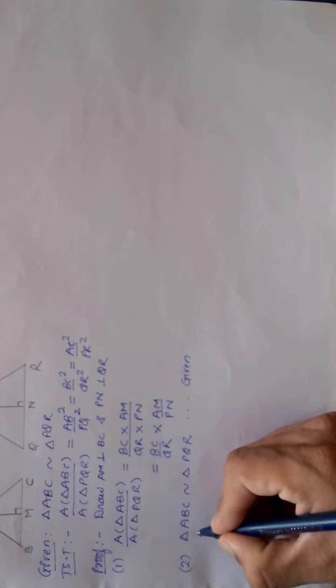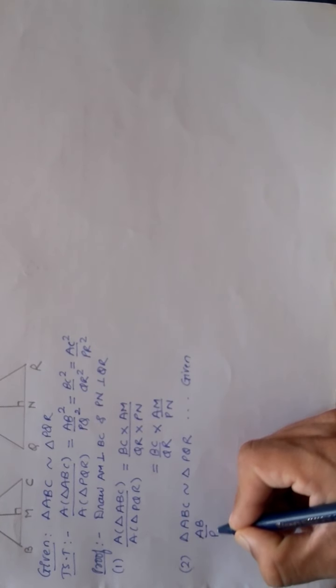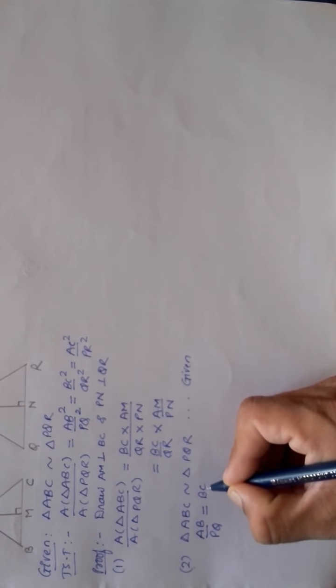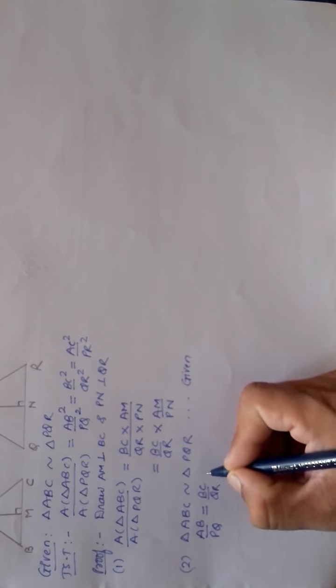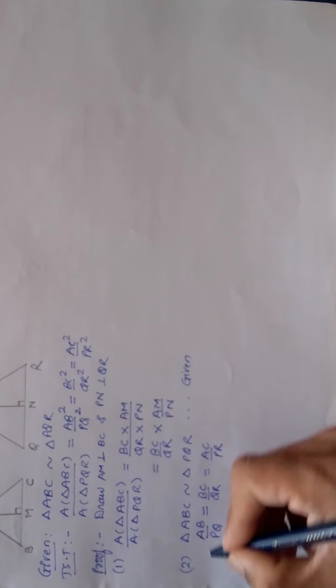Now the given part says that triangle ABC is similar to triangle PQR. So obviously all the pairs of corresponding sides will be in proportion. That means AB is to PQ is equal to BC is to QR is equal to AC is to PR.